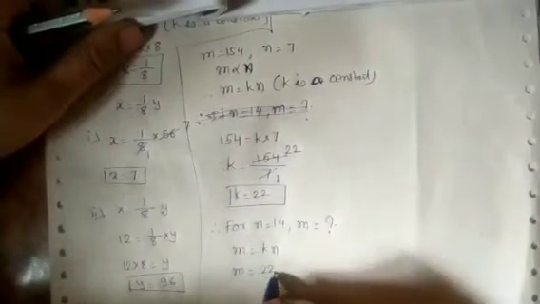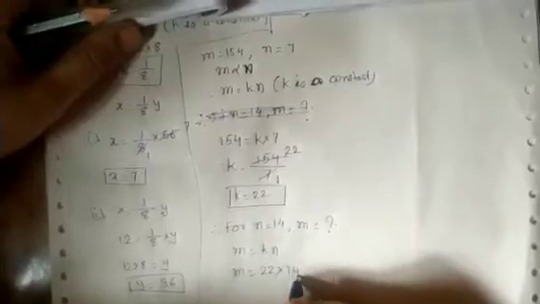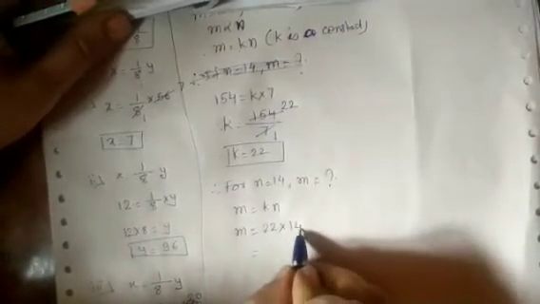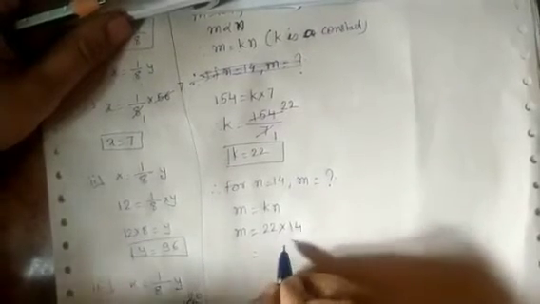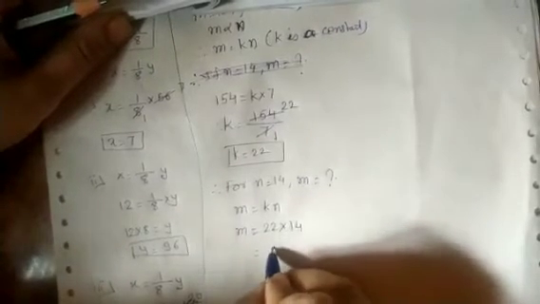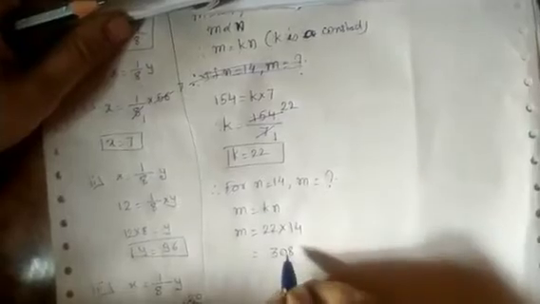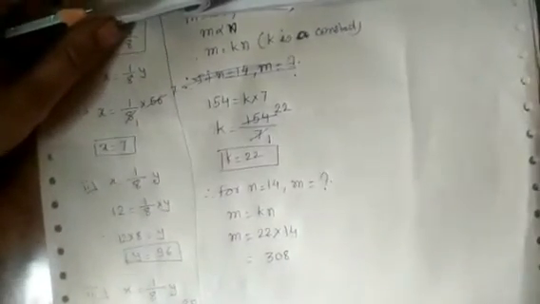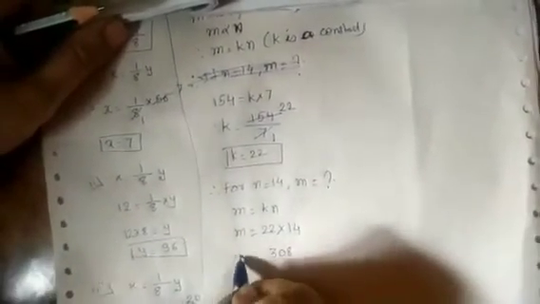K is 22 and n is 14. After multiplying, 22 multiplied by 14, what we will get is 308. Then this is your answer for m. Clear? I hope this is clear to you.